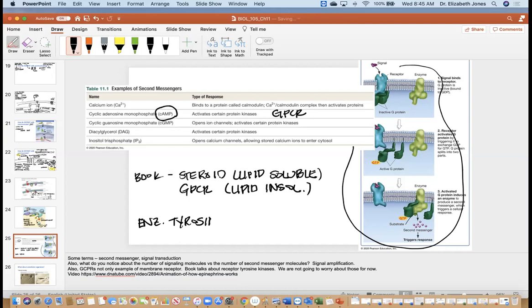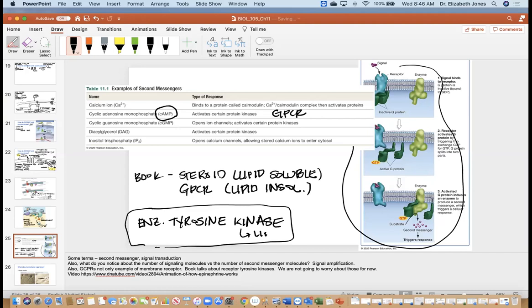I am not holding you responsible for that information, but I mention it in case you see it during your studies. It's another example of a receptor for a hormone that is lipid insoluble, or another way of saying that is water soluble, okay?